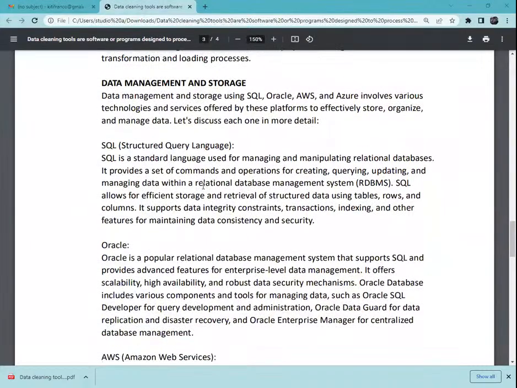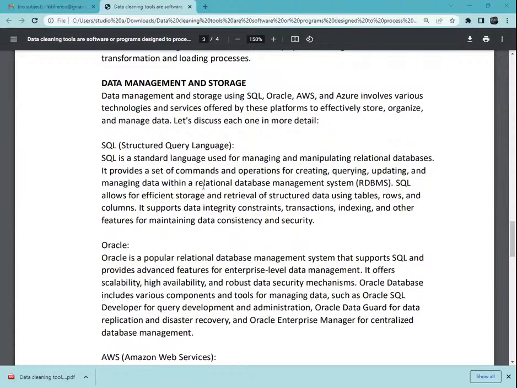SQL is a standard language used for managing and manipulating relational, I'm repeating again, relational databases. You could have one database, for example, that talks of regions, and another database that talks of voters. Those are storage databases.